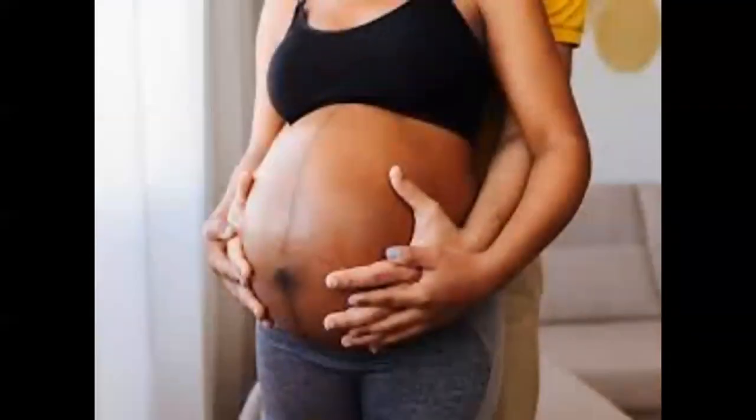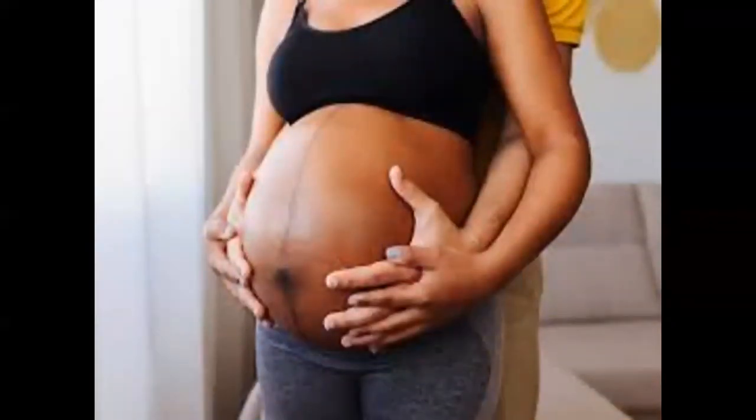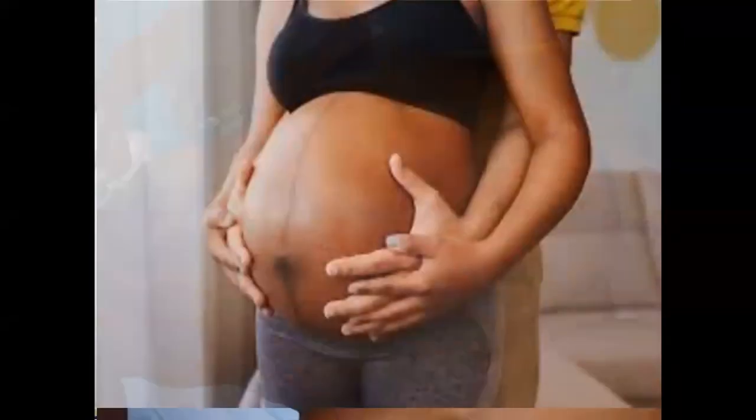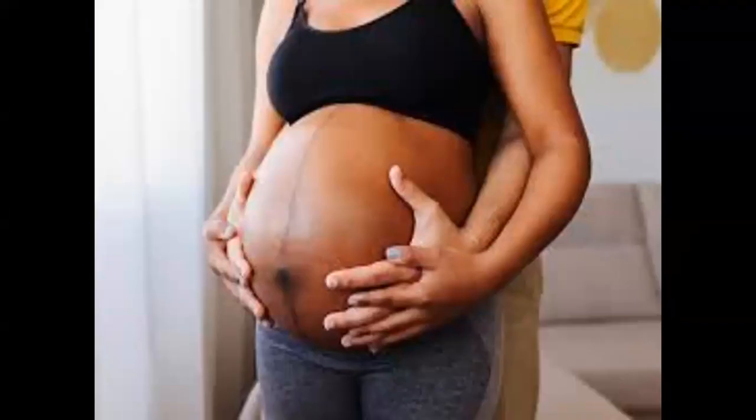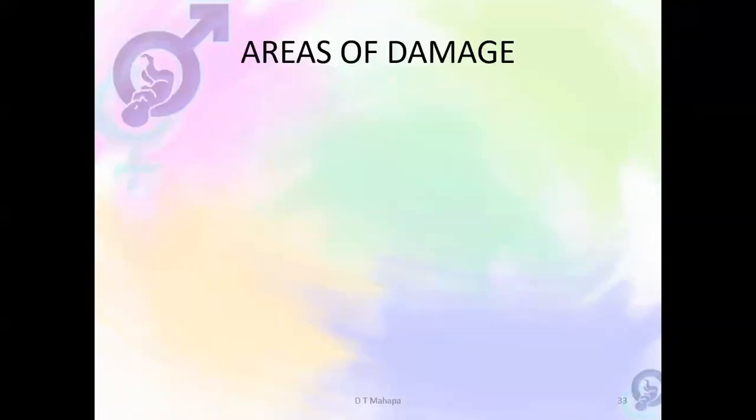This woman is pregnant. This one has got fibroid, but the abdomens look the same. So the effect on the pelvic floor is the same, whether it's due to pathology like fibroid uterus or due to pregnancy. And childbirth will just be the one nail in the coffin.